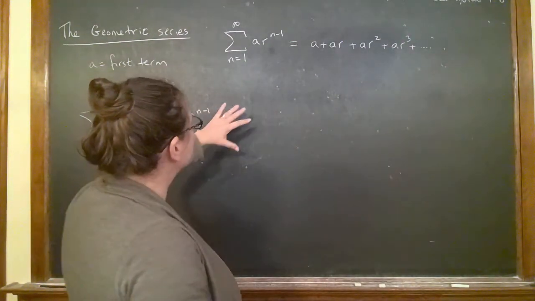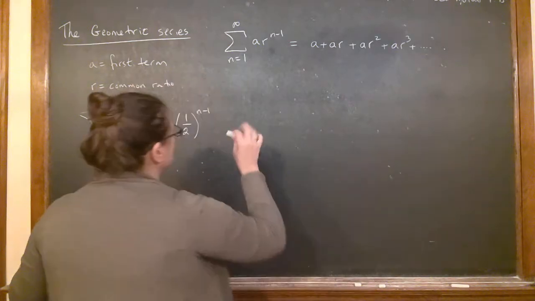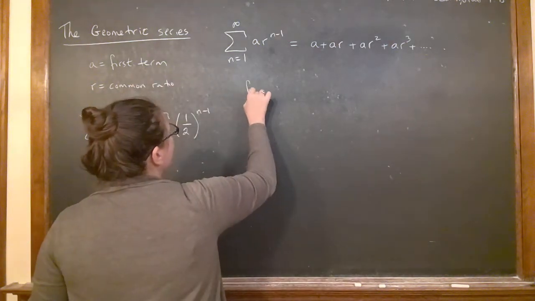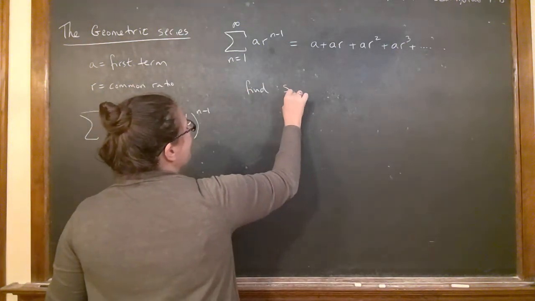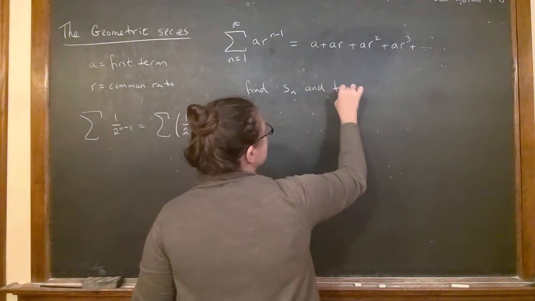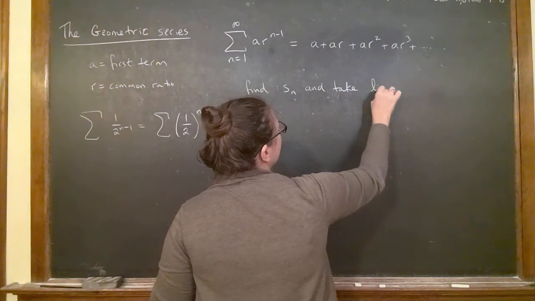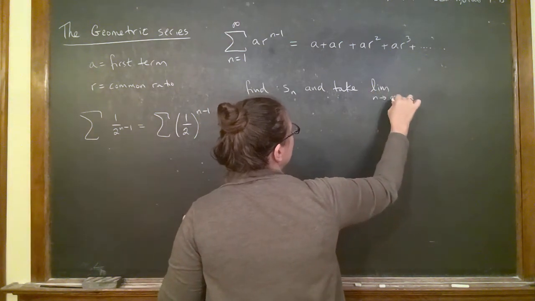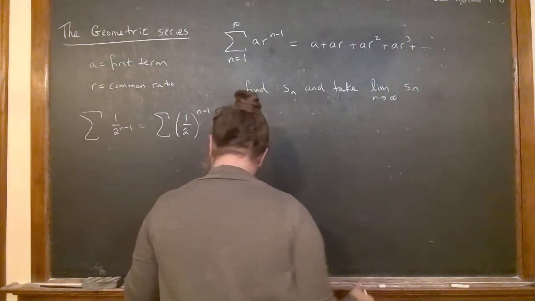Okay, so let's remind ourselves what we want to do. I want to find the nth partial sum and take the limit as n goes to infinity of that nth partial sum.